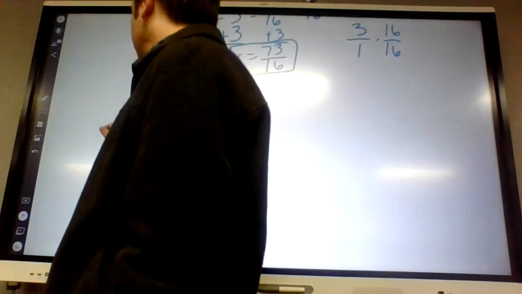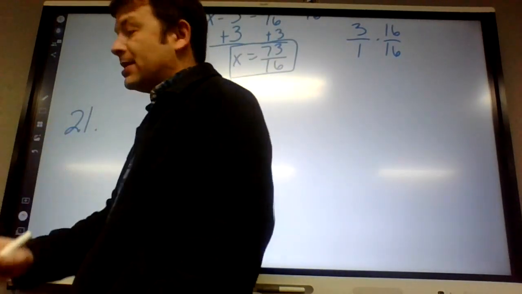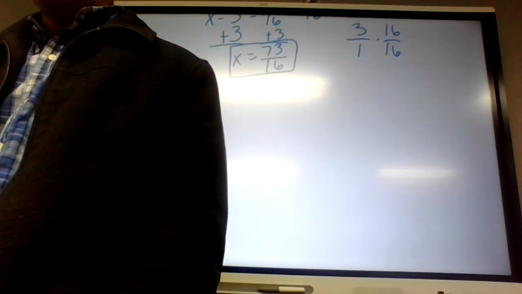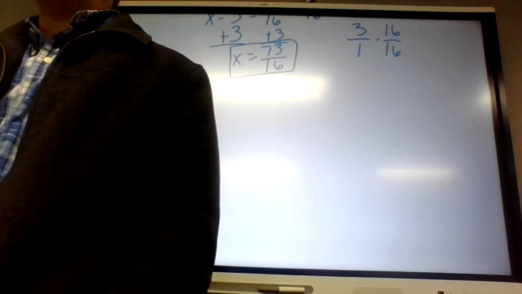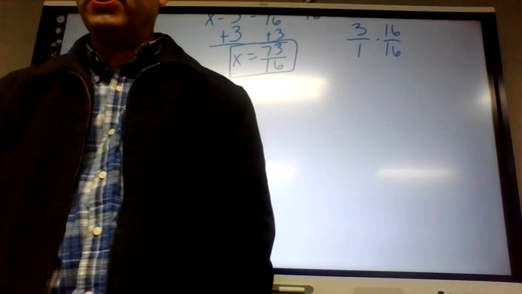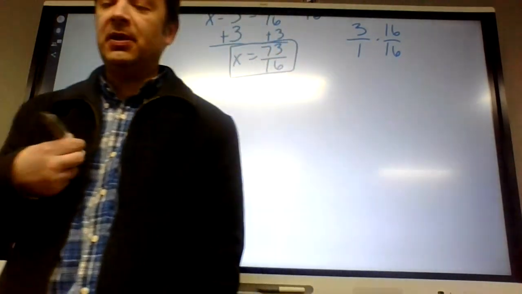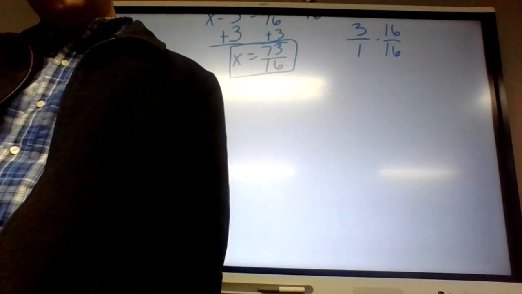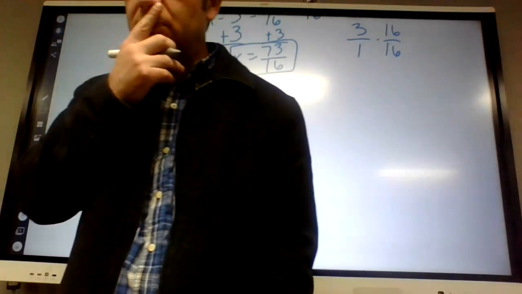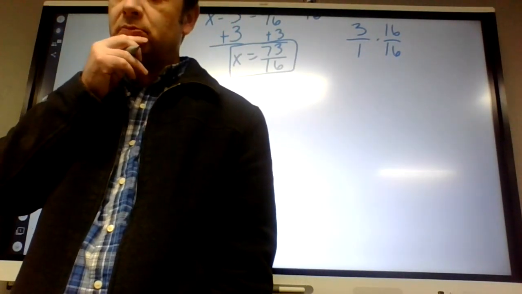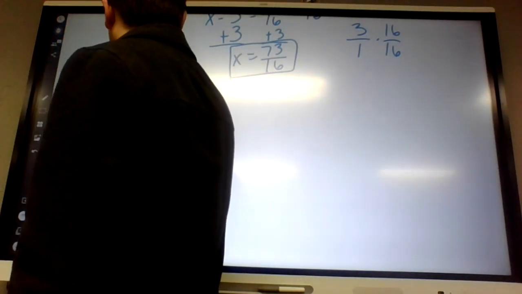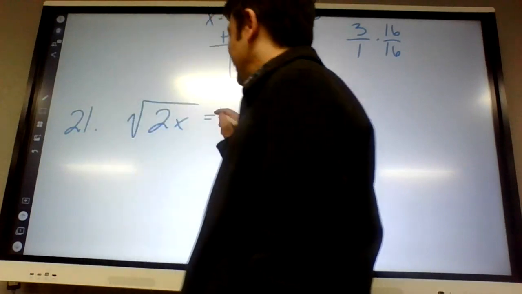Alright, I said 22. What are these two? Oh, it's just the same thing, but the problems are written in words. Okay, 21. The square root of twice the number is 12. See if you guys can write that down. Square root of twice the number is 12.